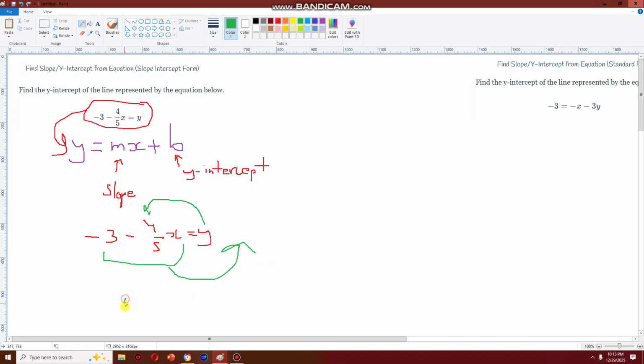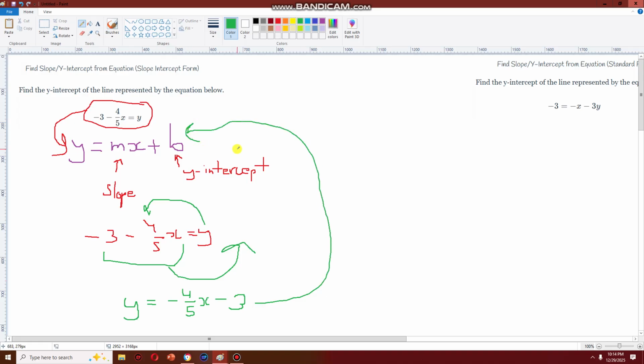So I'm going to get y is equal to minus 4 over 5x. I'm sorry, it's hard to write with the mouse. Minus 4 over 5x minus 3. That's it. I just flipped the equation around, and now I made it look exactly like this.